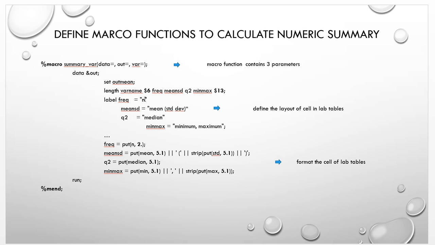A macro is easily reused, so I use a macro to define the summary for the descriptive statistics. Inside the macro, I define the number of non-missing values, mean and standard deviation, median, maximum and minimum values, and format the output consequently.